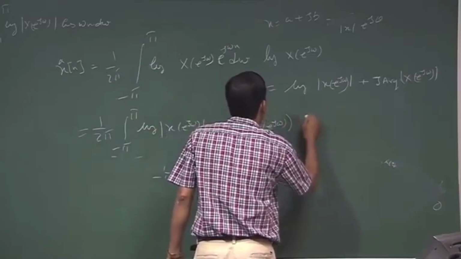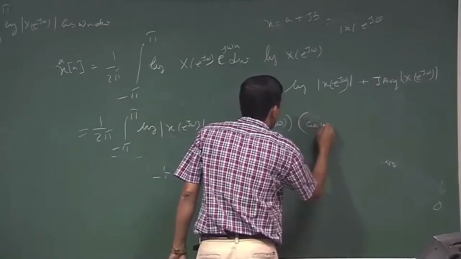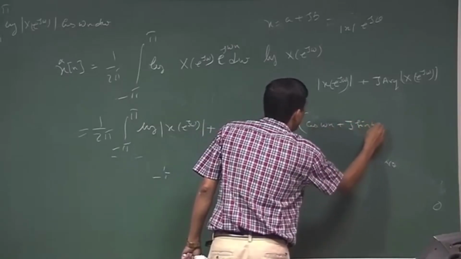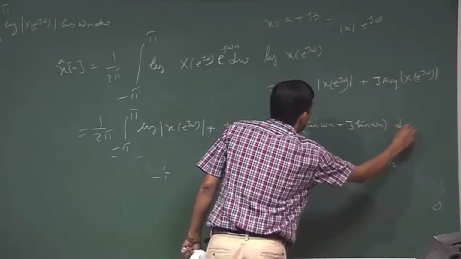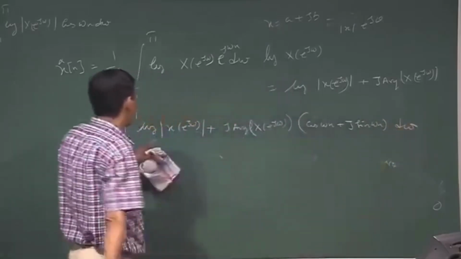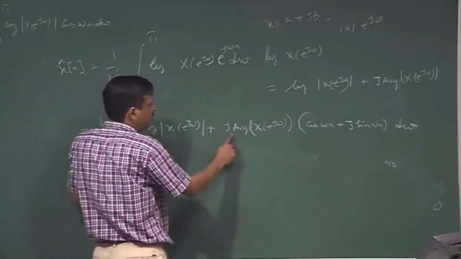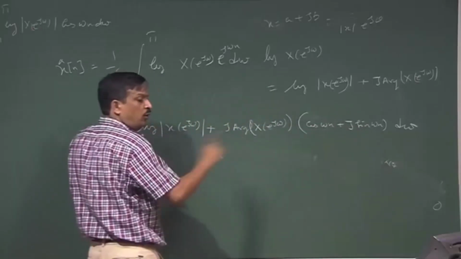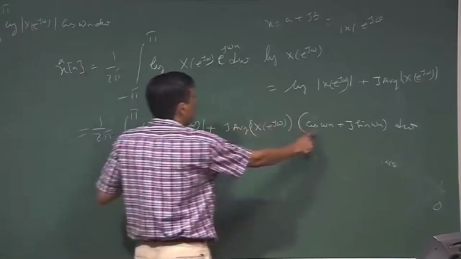Again e to the power j omega n we can write as cos omega n plus j sin omega n d omega. Now, there are two terms, a plus b times c plus d, so if I multiply, there will be a fourth term.